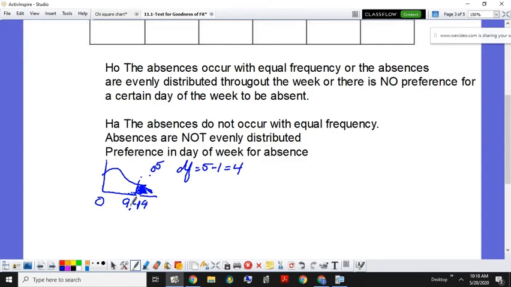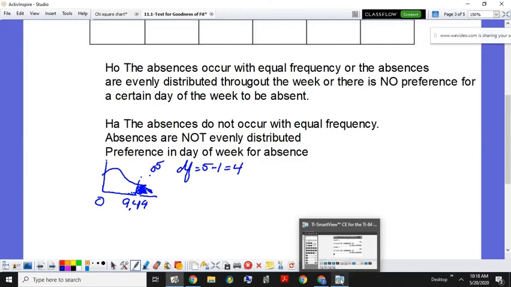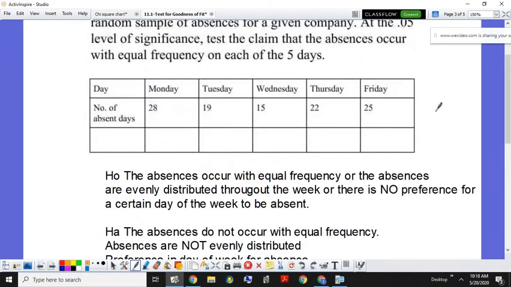Right, now, ready? We're going to put them in our lists. Well, let's calculate our expected value first. If you look at this, this totals to 109. If you just total up list 1, it totals to 109. So these are your observed. I'm going to put that in list 1. Your expected, we're going to put in list 2. So we're basically going to evenly distribute them, so we're going to do 109 divided by 5 again, because there's 5 days in the week.